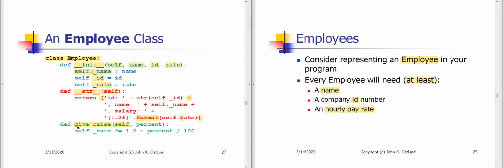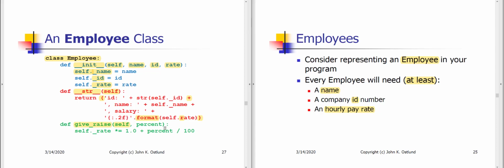The third function, called giveRaise, takes a percentage as an argument. Now, the percentage, that's an integer value. I was going to say a number between 0 and 100, but actually we're going to allow negative percentages as well. And we could, in the case of a phenomenal employee, give a greater than 100% raise, of course.